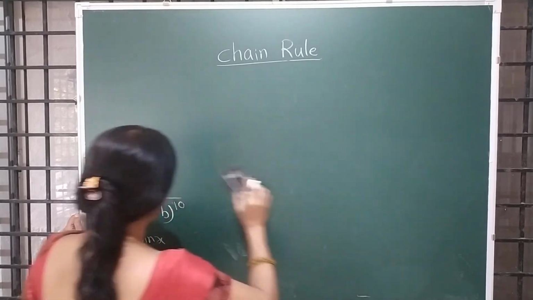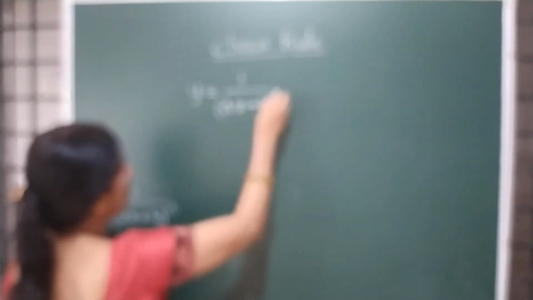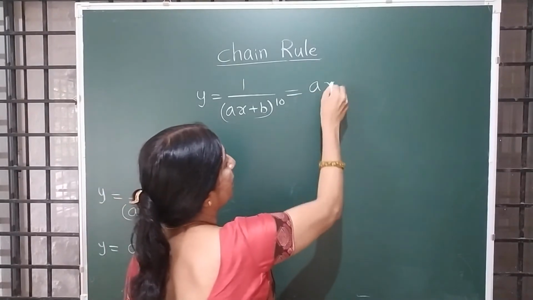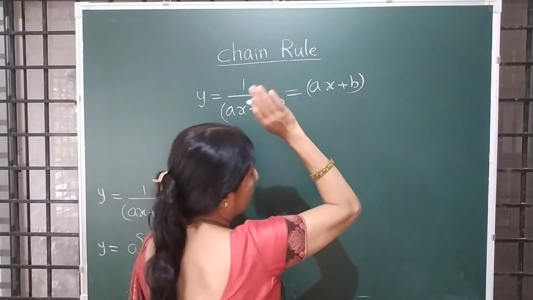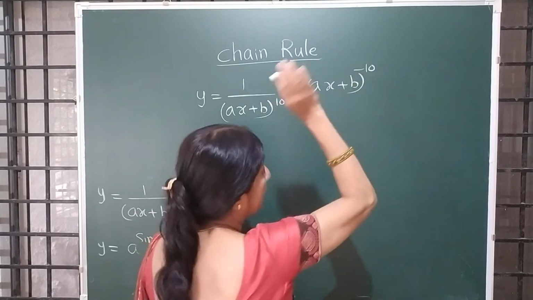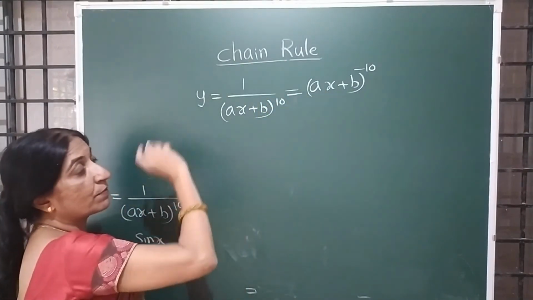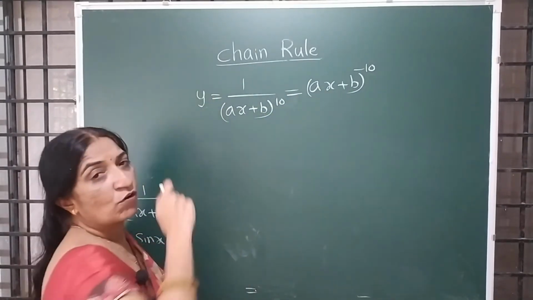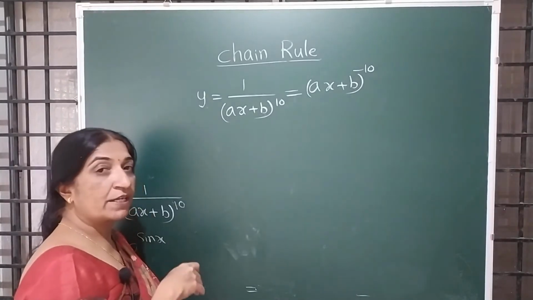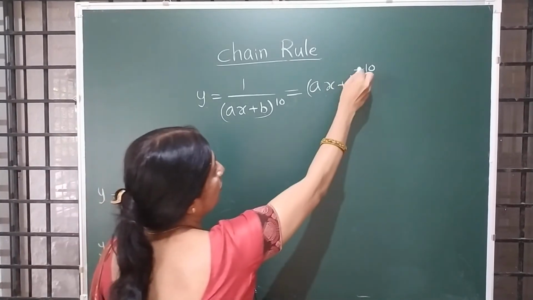See, next one is y is equal to 1 upon (ax plus b) raised to 10. Don't think of u by v. Why? Because in the numerator we don't have x. That's why this is written, by our basic definition of indices, as when it goes up, it becomes negative. Now it is in the form of what? Yes, whatever we did in the last class, it is in the form of x to the power n.